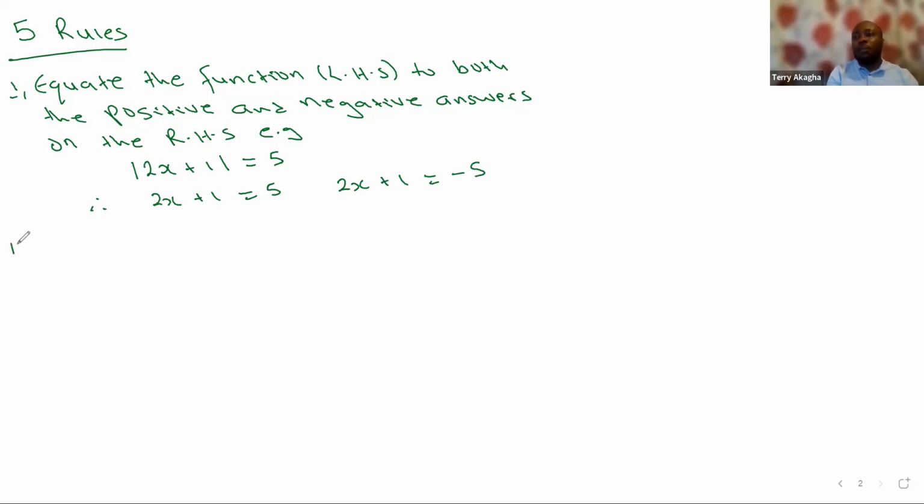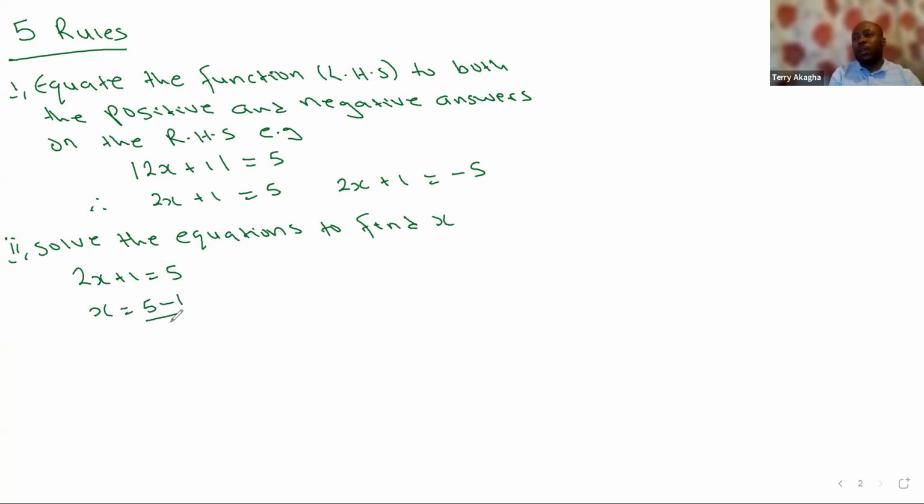Then the second step is to solve for x. So you solve both equations to find x. For the first one, we have 2x plus 1 is equal to 5. So you take 1 to the other side, so x is going to be 5 minus 1 divided by 2.